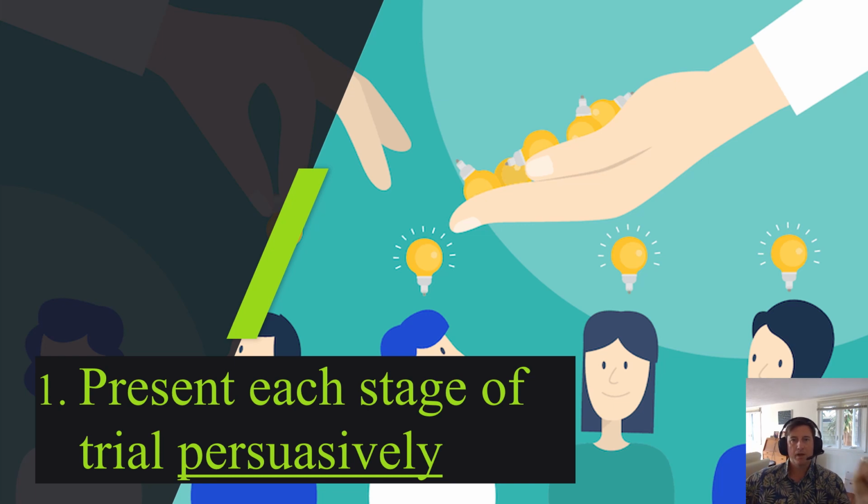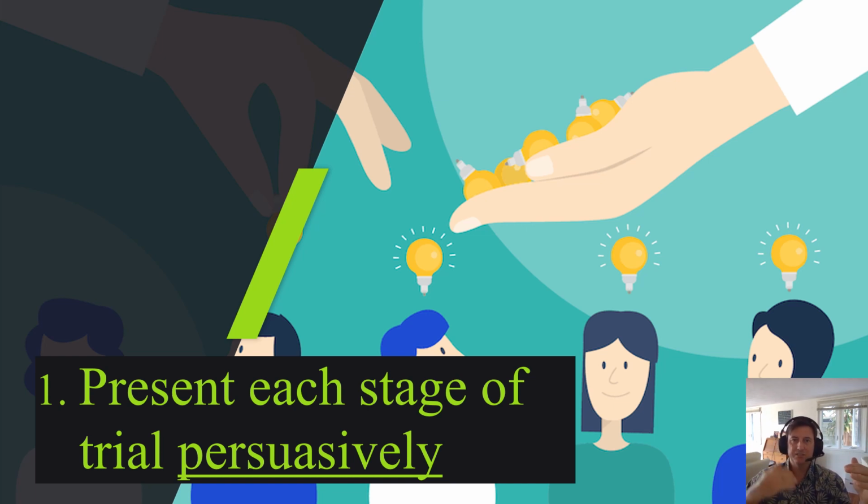One of the things that I want you to think about with present each stage persuasively is everything that we do, everything that I organize. If I have the direct examination of the victim in a plaintiff's case, I want to craft every question, the line of questioning.